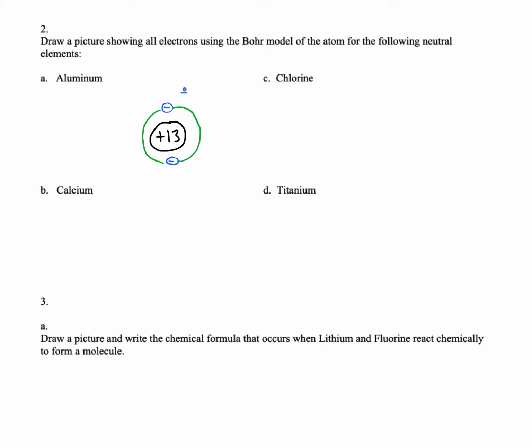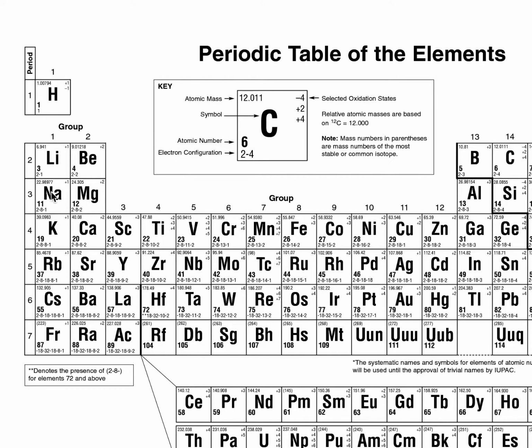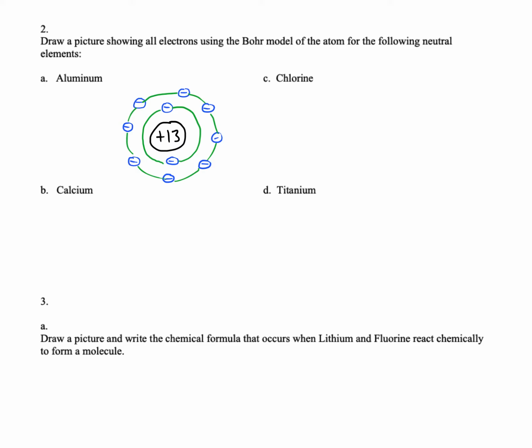We'll want a full second shell. Now, how do I know that? Because, well, we need 13 electrons for a neutral atom, so I'm going to need at least 10 here. Okay, that shell is full. We can actually count up here 1, 2, 3 electrons in the third energy level. So let's just draw those. Okay, there's a good picture of aluminum using the Bohr model.